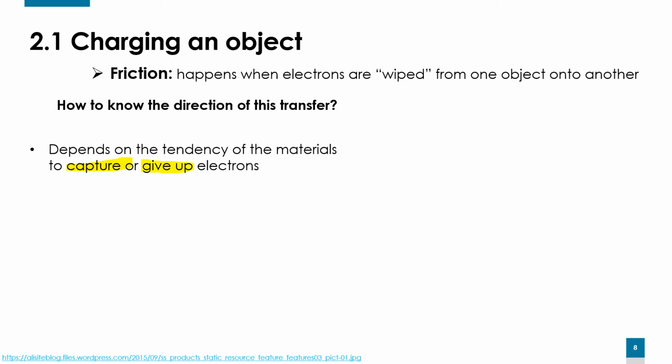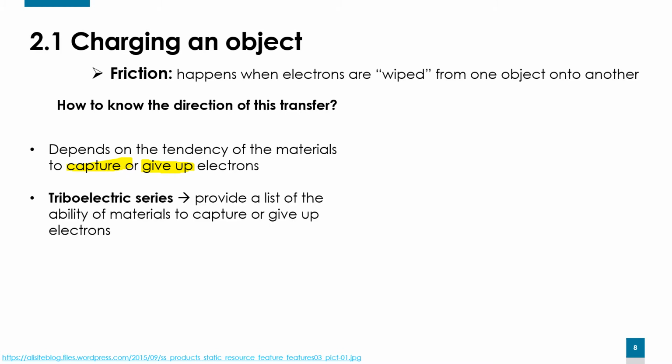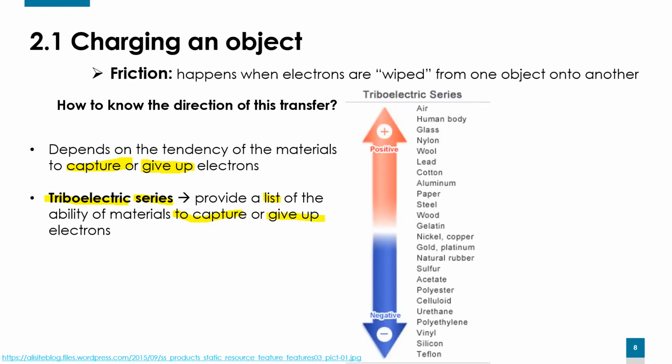Some materials give away electrons more easily, and some attract electrons more easily. We call this chart the triboelectric series, which provides a list of the ability of materials to capture or give up electrons. So here is the chart.